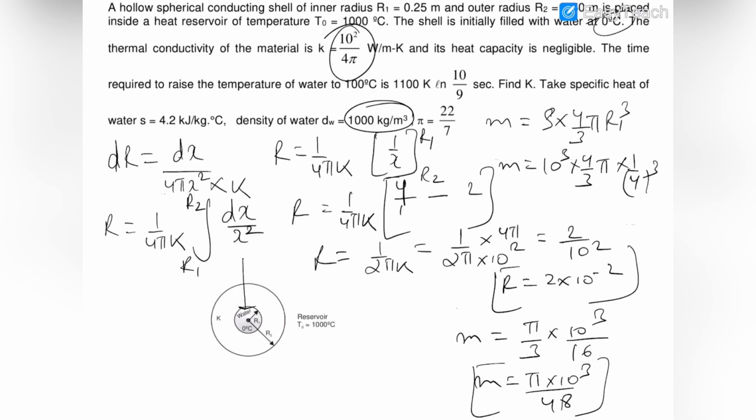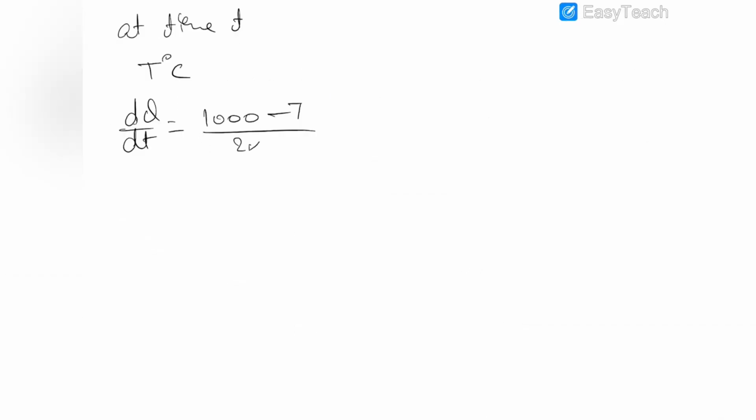So R is already calculated, which is 2 into 10 raised to power minus 2. And dq is ms dt, where dt is the change in temperature.